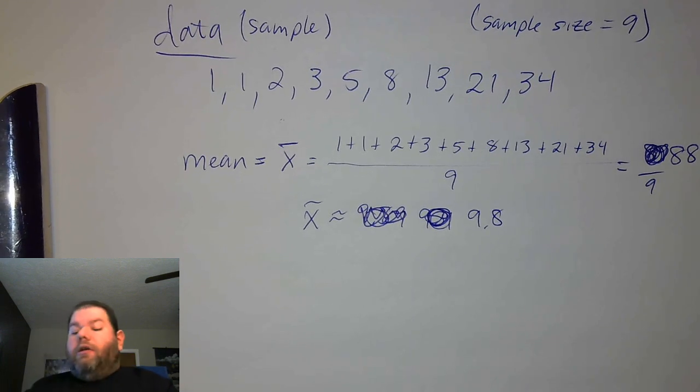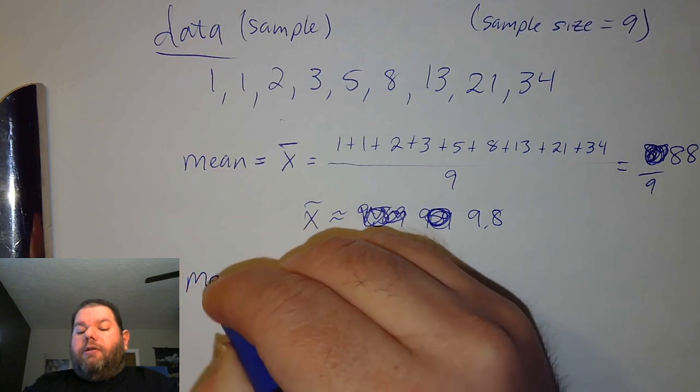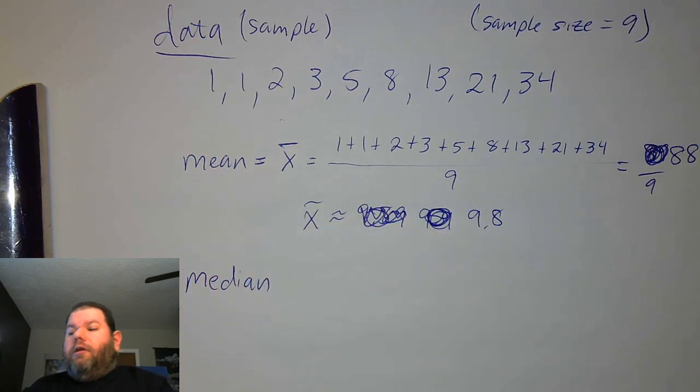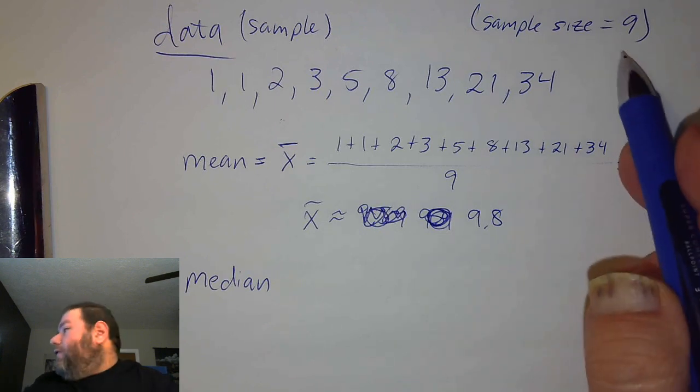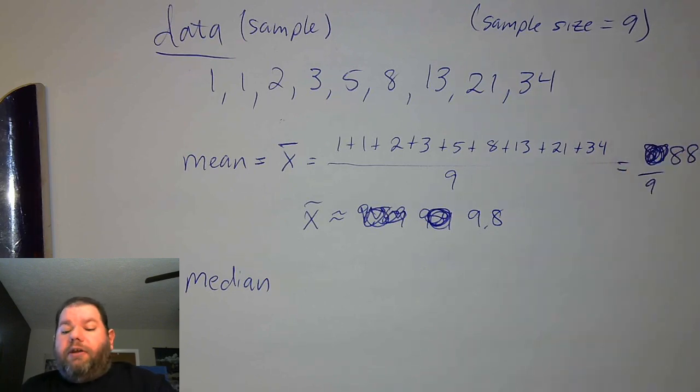Okay. Next, we want the median. Now the median, we said, was the middle data value. We have 9 data values here, so which of these would be in the middle?